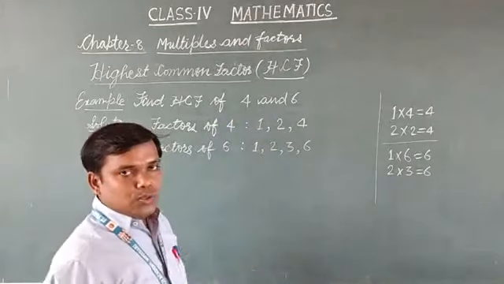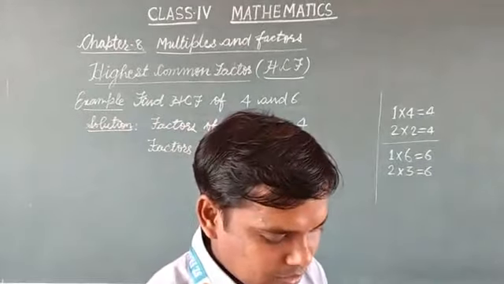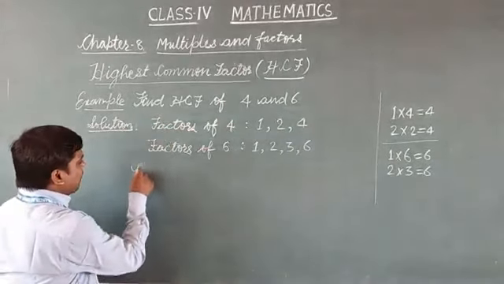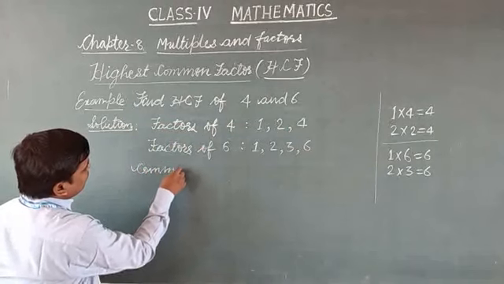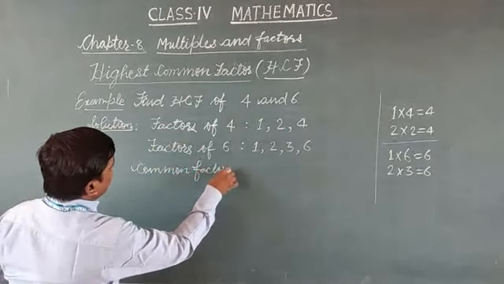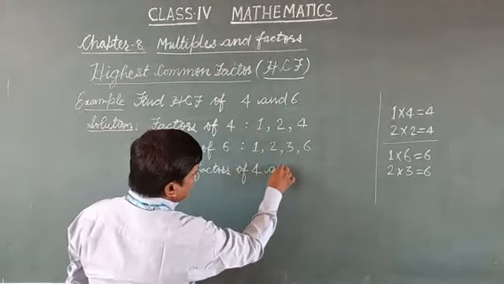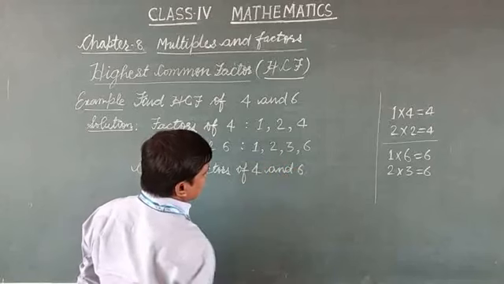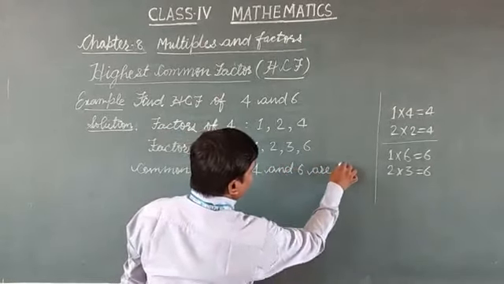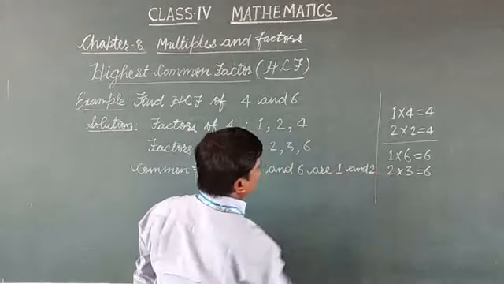Now from these two we write common factors. So common factors of 4 and 6 are 1 and 2.